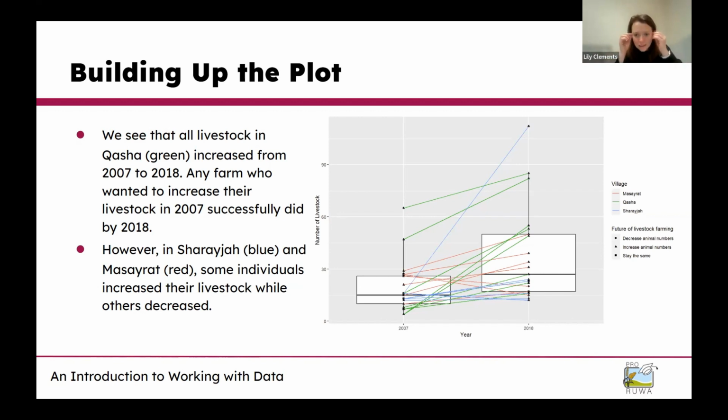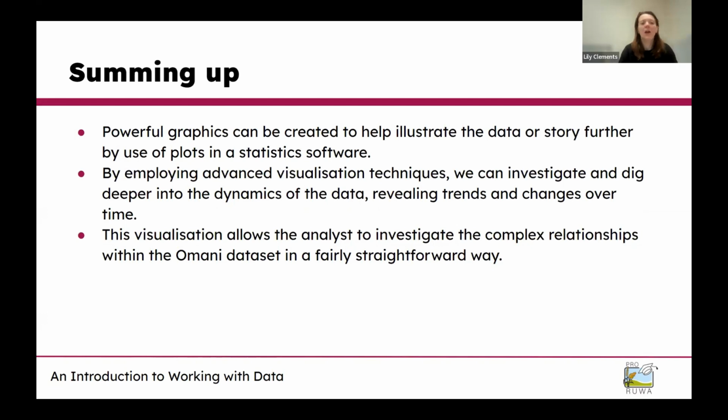This is a really interesting observation that we've managed to find here, because we can see that if we're going to measure success on the number of livestock, this village is doing very successfully in terms of livestock numbers. Overall, we can use powerful graphics to help illustrate the data or story further by use of plots and statistical software.